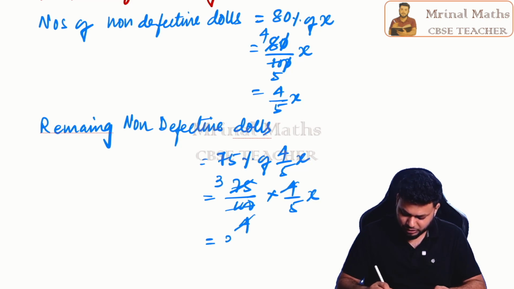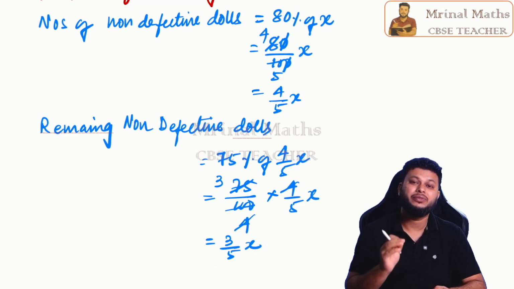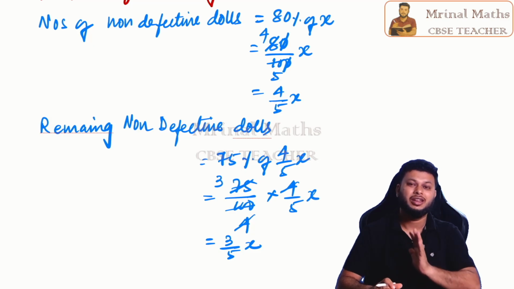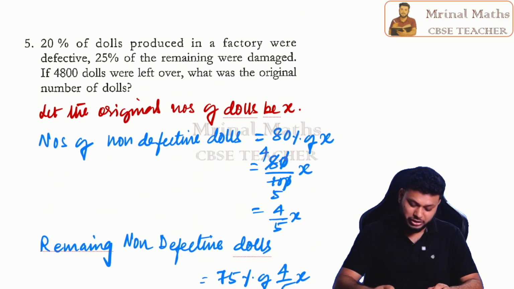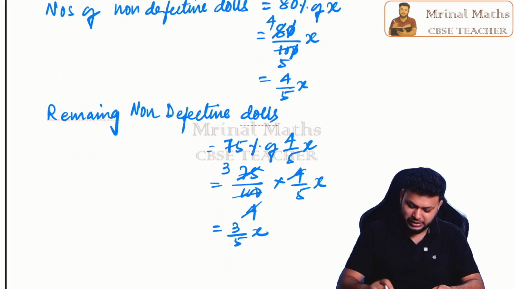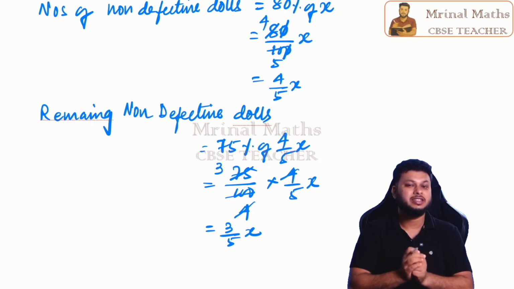So you have 3 by 5 X. So this 3 by 5 X is the number of non-defective dolls remaining after damage and loss, whatever it was. Now they have also mentioned that after all this defective and damaged, the remaining number was 4800, and here we got 3 by 5 X. So both the values are the same as each other.